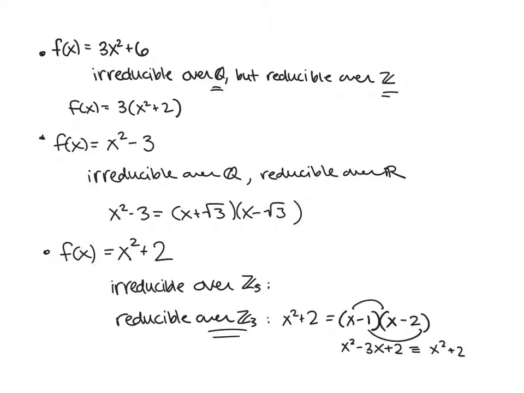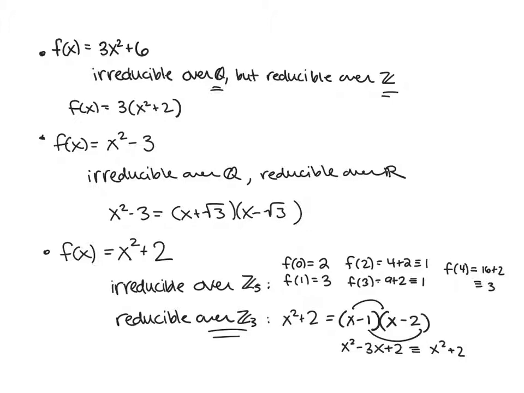So to check that it's irreducible over Z5, one way to do it is to check that it doesn't have any roots. So over Z5, f of 0 is 2, f of 1 is 3, f of 2 is 4 plus 2, which mod 5 is 1, f of 3 is 9 plus 2, which mod 5 is also 1, and f of 4 is 16 plus 2, reduce that mod 5, and you get 3.